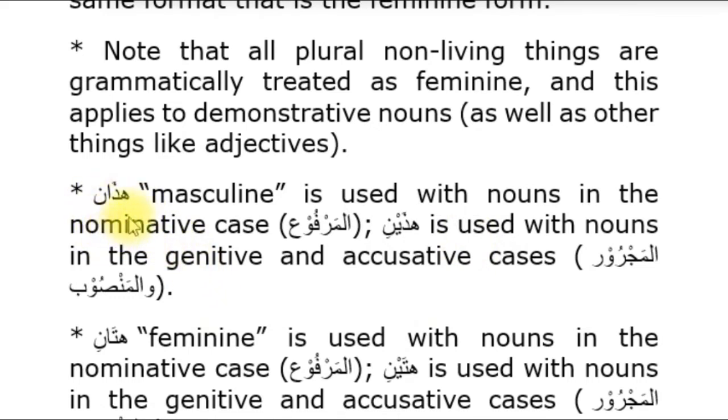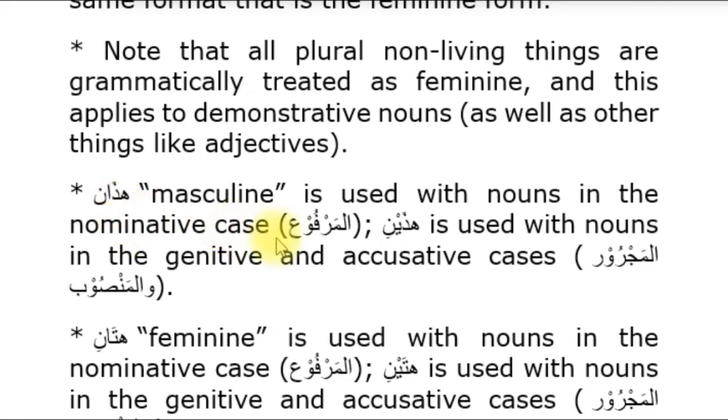هذان masculine is used with nouns in the nominative case. So the demonstrative noun for this, هذان, is in the nominative case.